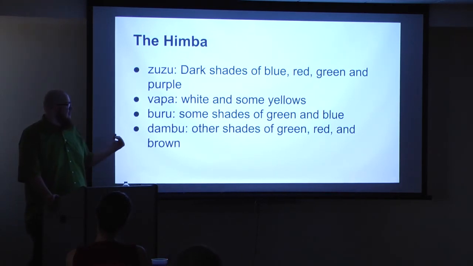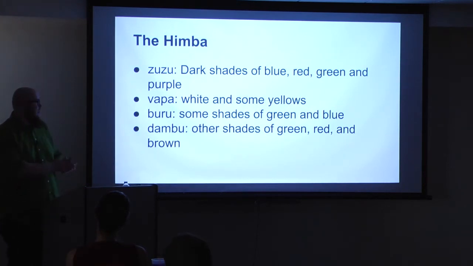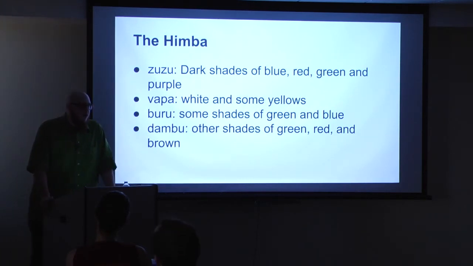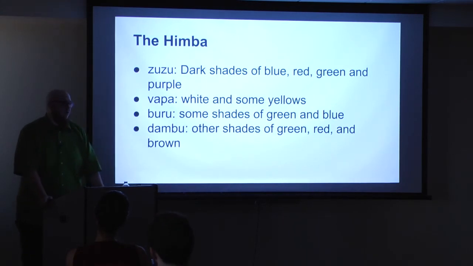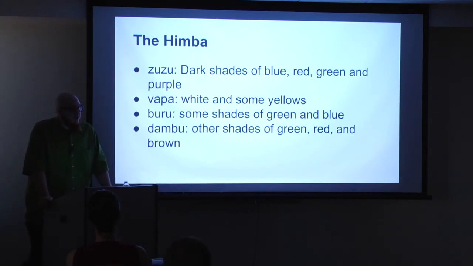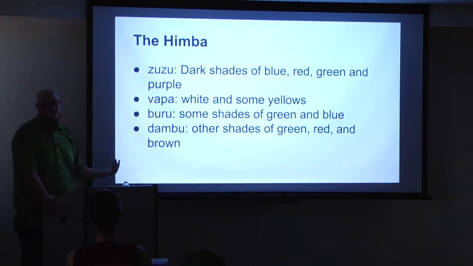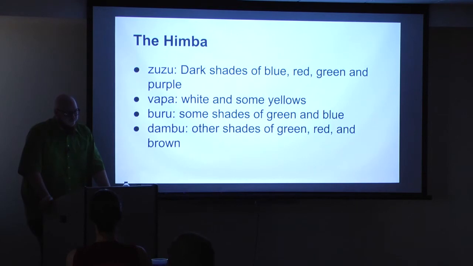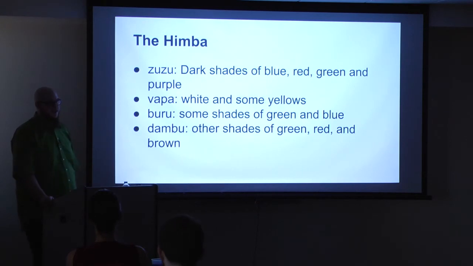Buru is some shades of green and blue. And Dambu is shades of green, red, and brown. So this might mean that they could all be colorblind and are just basing their decisions on what value they see as far as grayscale. But it's just an interesting example of how people see and catalog color differently.